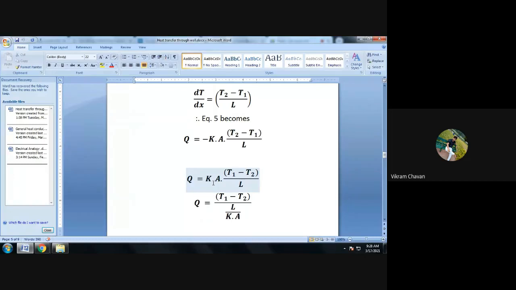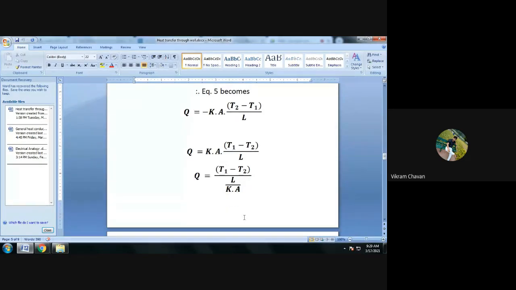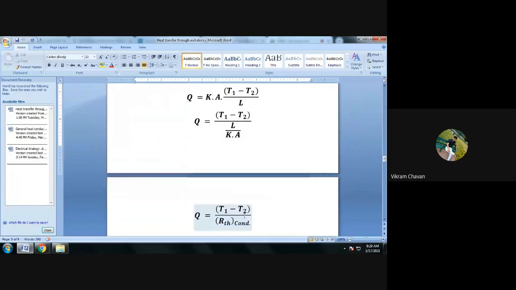We just have to transfer K multiplied by A to the denominator side without changing its significance. So we get the equation as Q is equal to (T1 minus T2) divided by L divided by K multiplied by A. Further, we know that L divided by K multiplied by A is the resistance offered by the wall for the heat transfer by conduction.